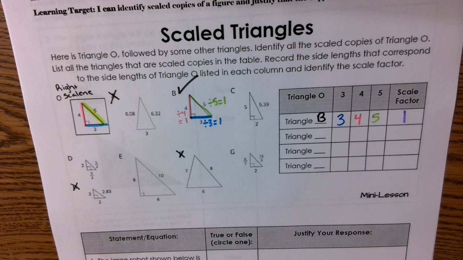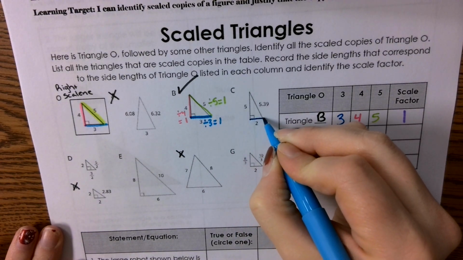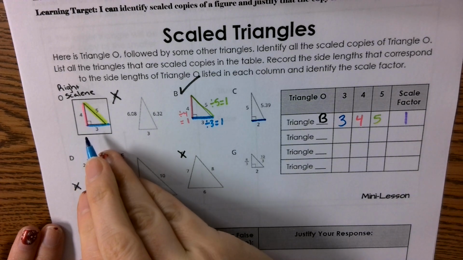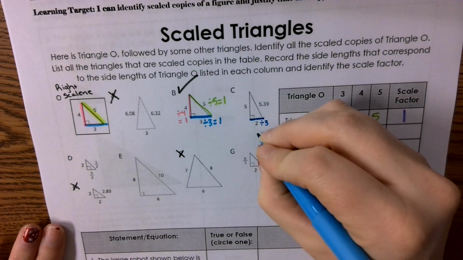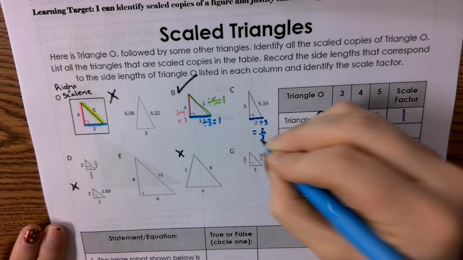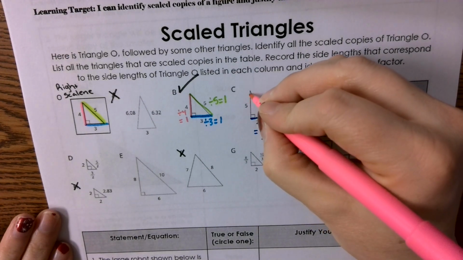Okay, let's take a look at the next one. So for here, if I take this 2 and divide it by the original 3, what's 2 divided by 3? Not 1/3, just 2/3. 2 divided by 3 is going to equal 2/3. Now if I take the height is 5.